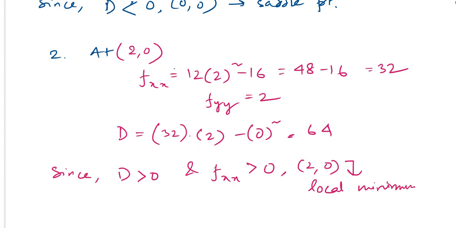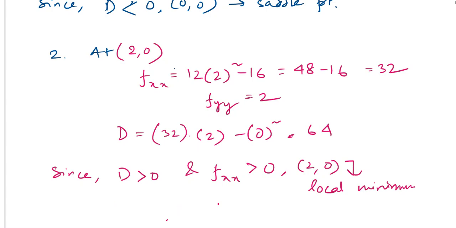So what is the conclusion? The points 2 comma 0 and minus 2 comma 0 are local minima, and 0 comma 0 is a saddle point.